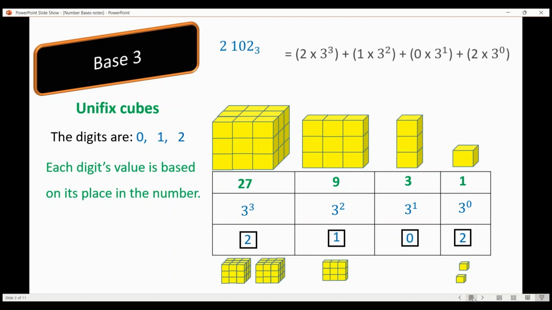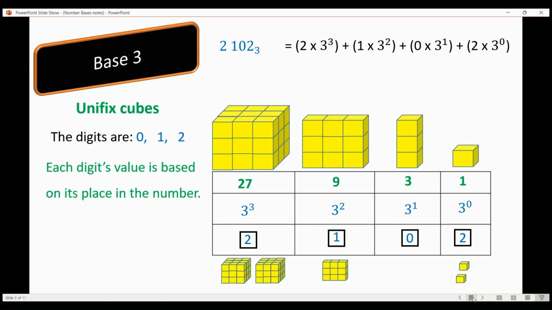We will have 2 by 3 cubed plus 1 by 3 squared, because we have 2 cubes, 1 square, 0 threes, and 2 groups of 1. 2 groups of 3 cubed, 2 by 27, that's 54, and 1 9, and 0 threes, and 2 ones. So if we're counting how many unit cubes we have in all, that'll be 54 and 9, 63, and 2, 65. So this is 65.